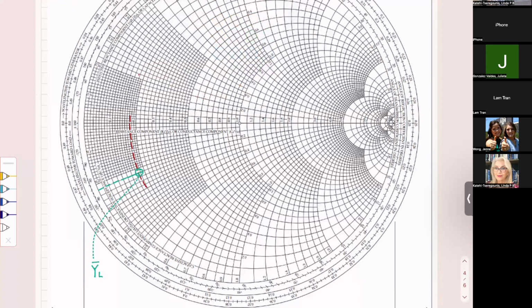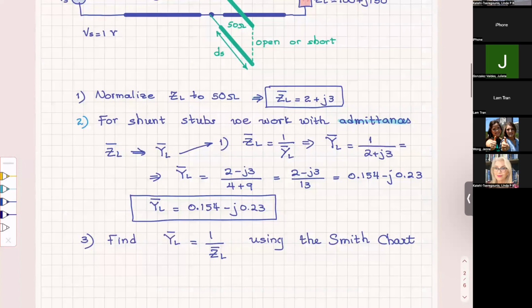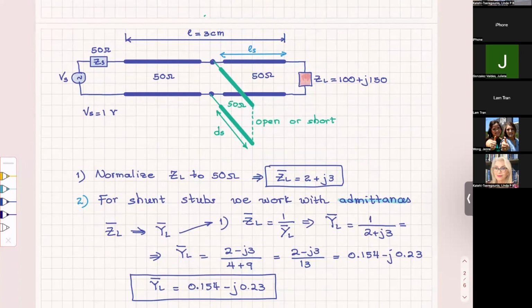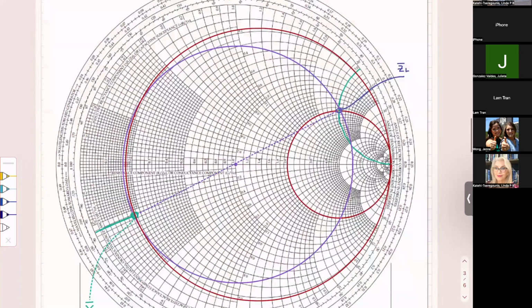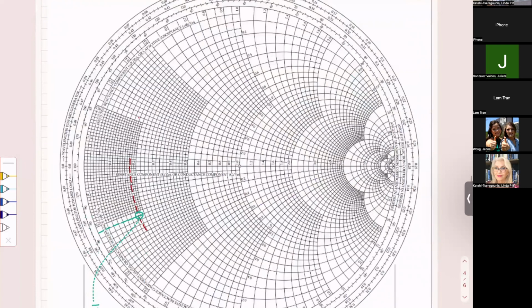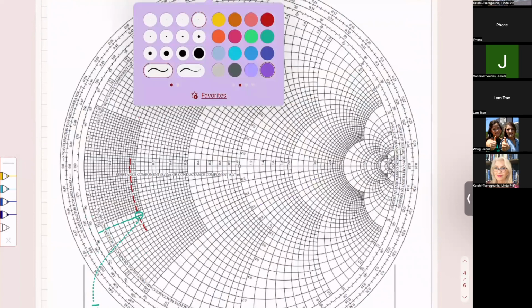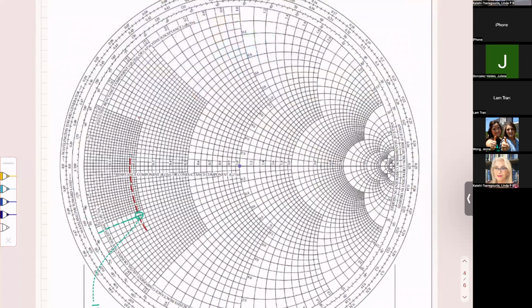So now I'm gonna move along the transmission line from the load towards the point where I have to put the stub. And to do that, I will move along the purple circle that has its center at the center of the chart and goes through the YL point. So let me do it like this.